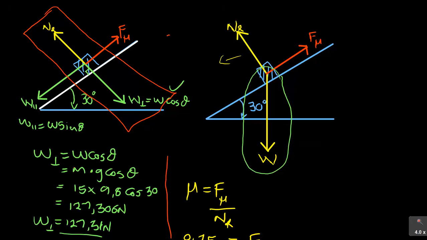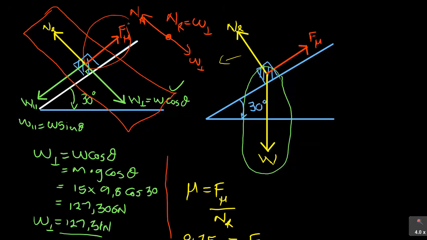The only forces that are acting, you see that we have got NR, and opposite is only weight perpendicular. It means NR is equal to weight perpendicular. Those are the forces that are opposing each other. You don't have any other force that is opposing each other.